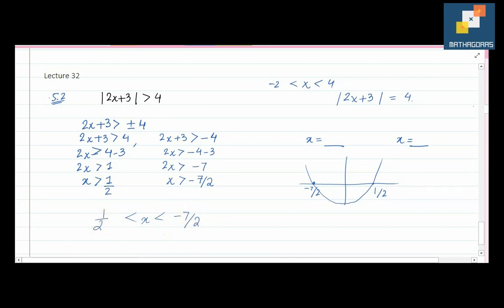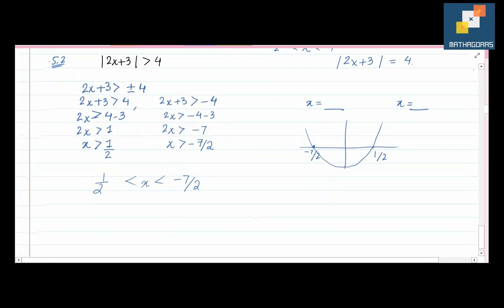Now I will try to explain the concept between the less than and the greater than. Continue with the same example, right? Once we have solved this, let's suppose another example is 2x + 3 should be less than 4. The same question but with the opposite sign.